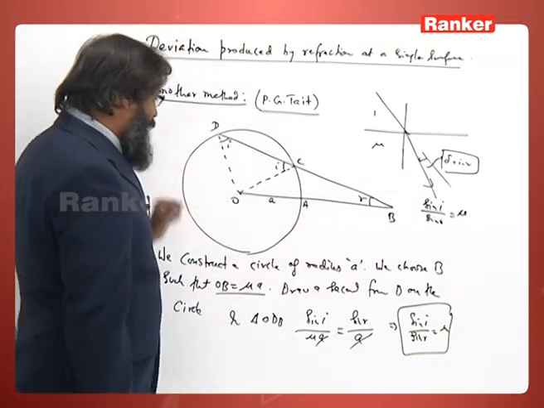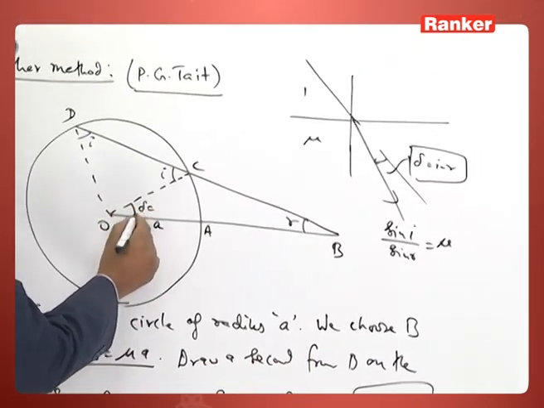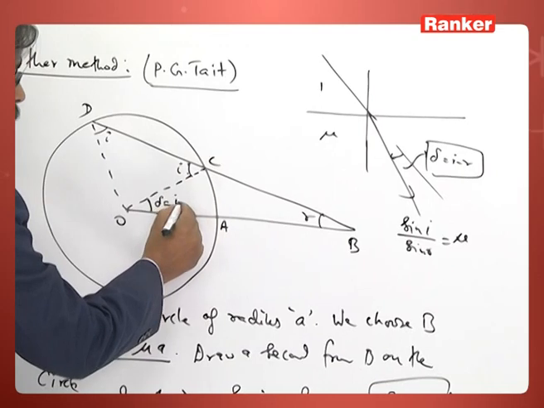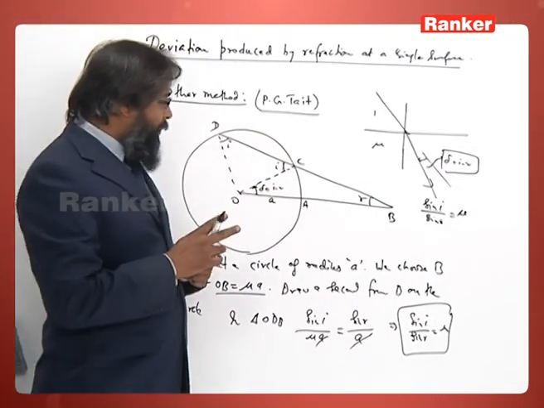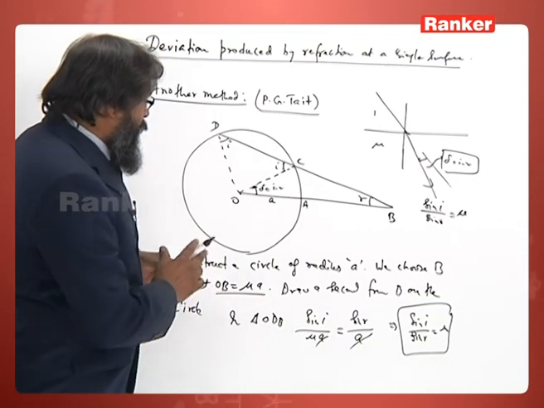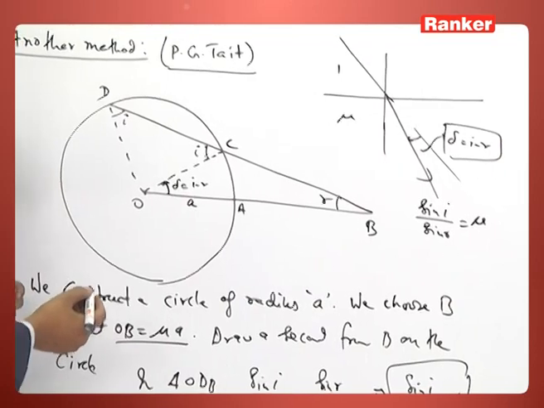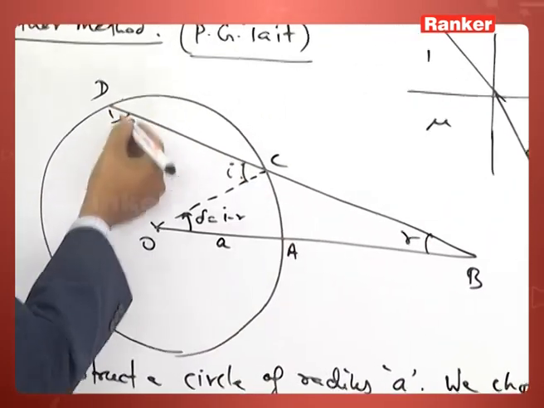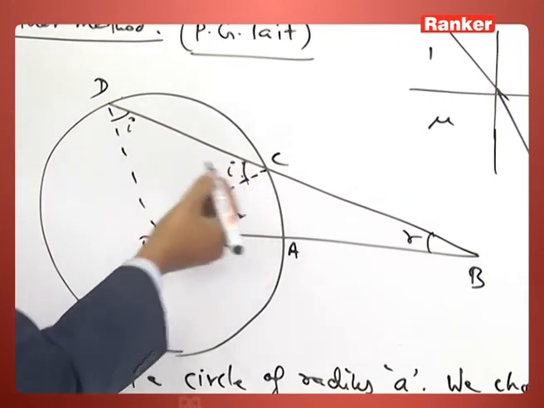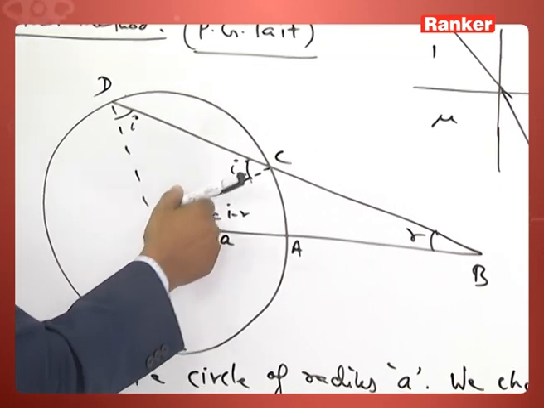So now let us see what this angle is. This angle will be called the deviation because this is I minus R. So this is my deviation angle. So now you see here, when this angle R is increased, I will also increase, and so will the deviation.